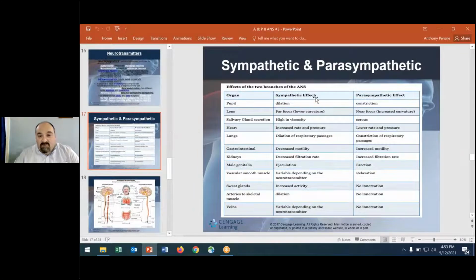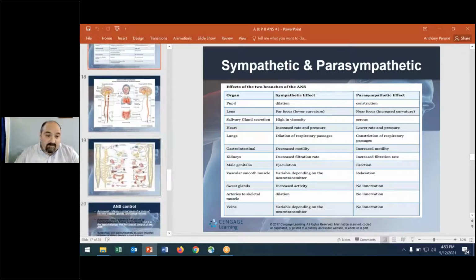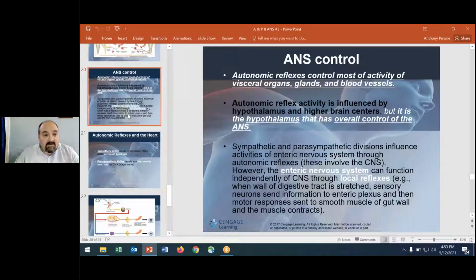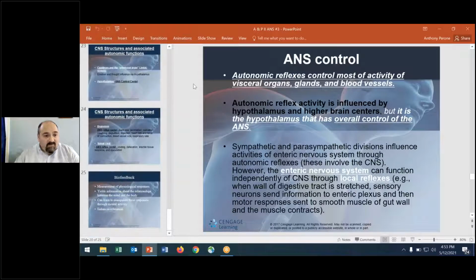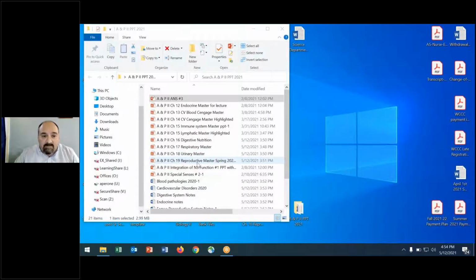So if you focus on sympathetic, then you'll have no problem knowing what the opposite is, unless there is no innervation of those by parasympathetic. So reviewing and having a good understanding regarding autonomic, sympathetic and parasympathetic is very important. Good.